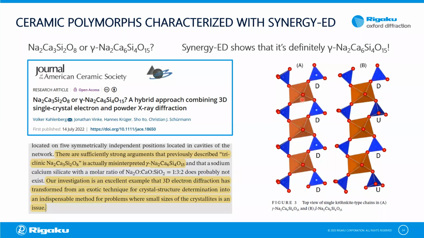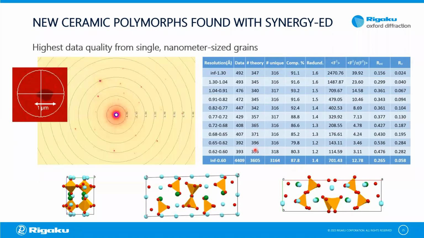In the left depiction, you find the assumed triclinic group, where this sulfide group is always pointing down, and it turned out with the data from electron diffraction that in fact, every other time this one is pointing upwards, thus leading to this different orientation of this ceramic.